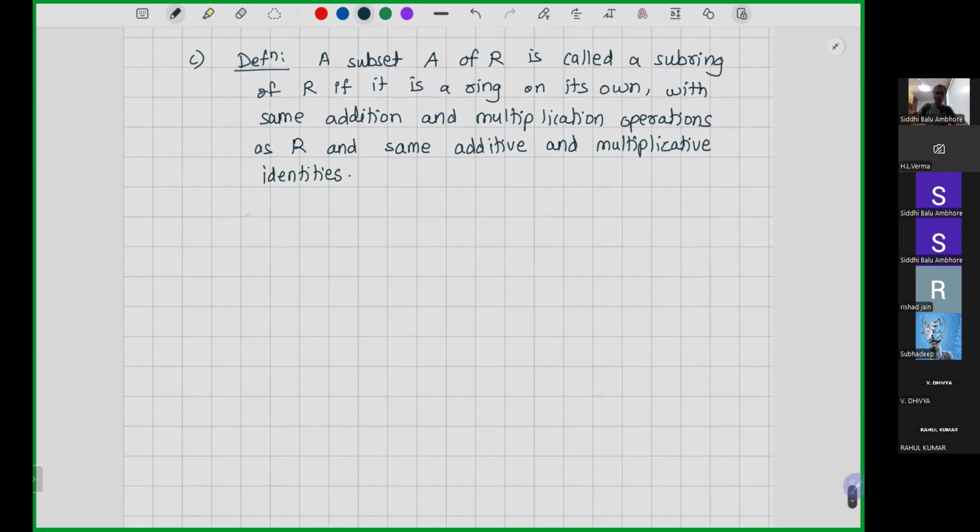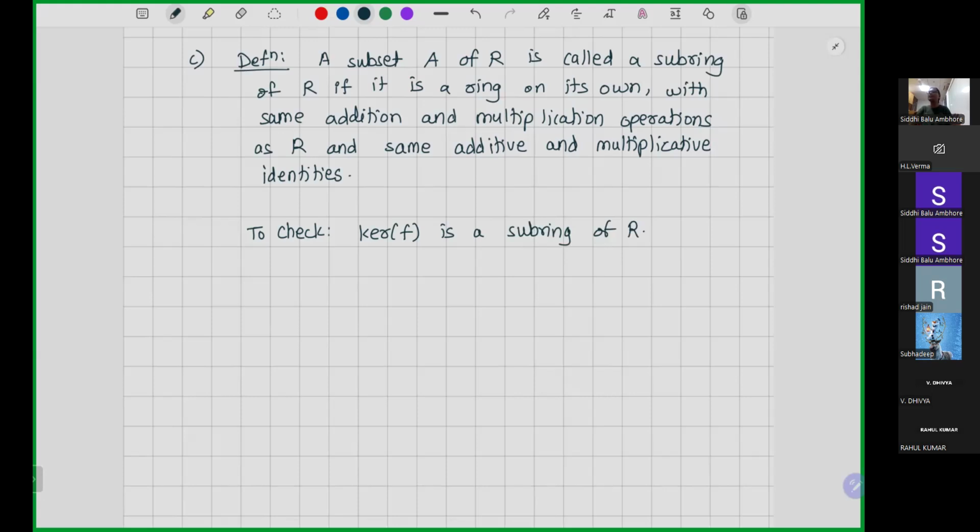Okay, so we want to check whether this kernel F is a subring of R or not. So now when we say subring, it is a ring on its own. And for us, when is something a ring?